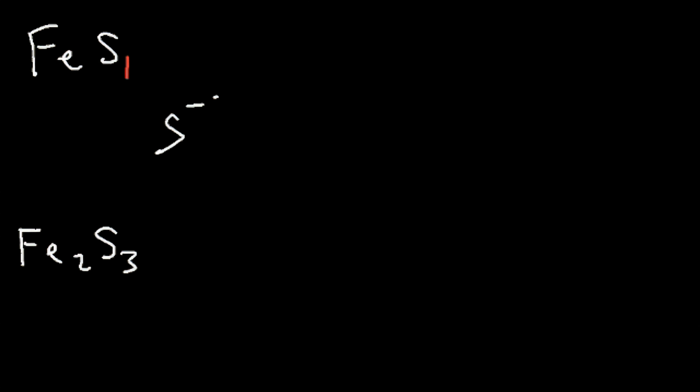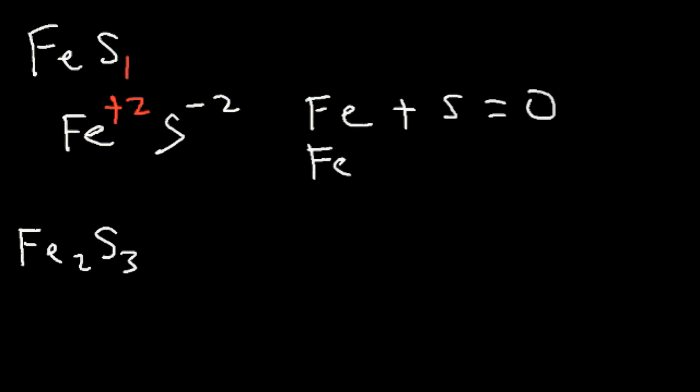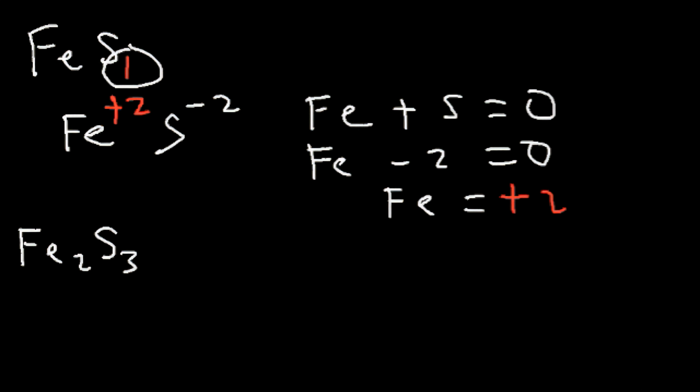Sulfur has a -2 charge, so Fe has to have a +2 charge, since they're in a 1-to-1 ratio. If you write the equation, and replace S with -2, you'll see that Fe has a +2 charge. So therefore, it's not iron 1 sulfide. Rather, it's iron 2 sulfide.